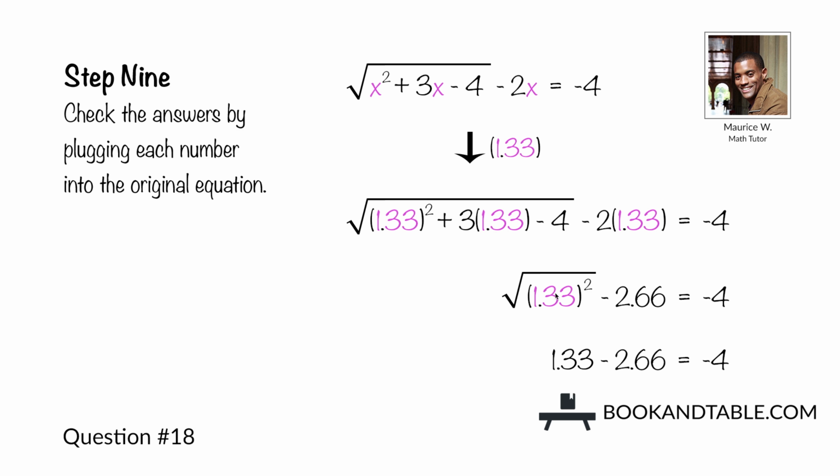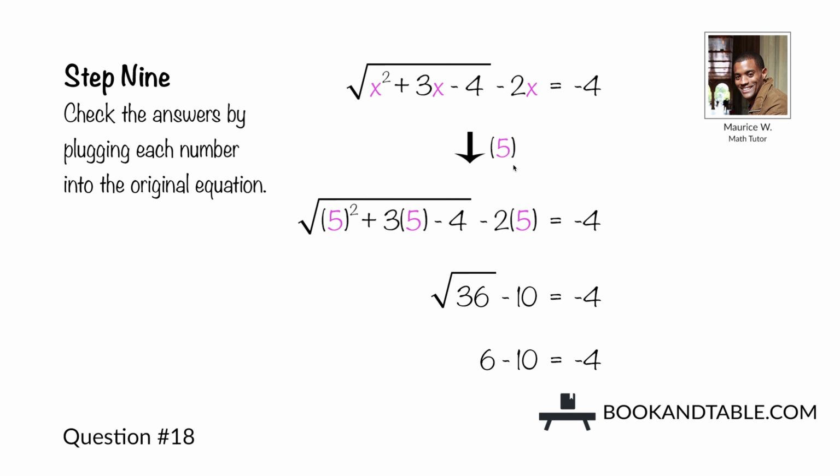The square root of a value squared is equal to just that number, 1.33. Negative 2 times 1.33 is negative 2.66. 1.33 minus 2.66 is negative 1.33, which is not equal to negative 4. So we see x does not equal 1 1/3.